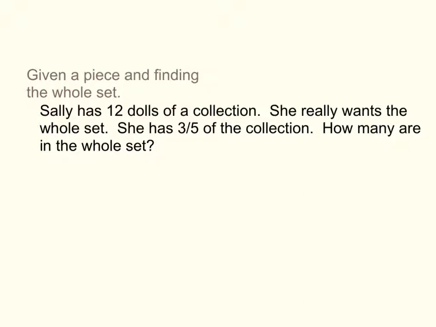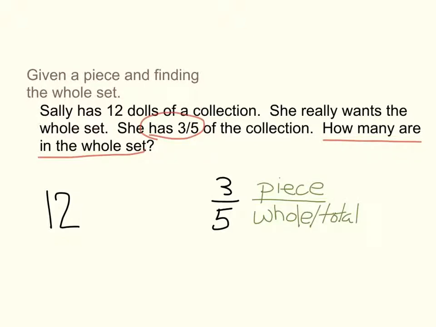What were the clues that told us we were given the piece? Hopefully, you saw a few of them. She has 3/5, so she doesn't have the whole thing. And how many are in the whole set? We're finding the whole set. So I write down my important number and my fraction, reminding myself that the 3/5, the 3 is the piece, the 5 is the whole or the total.